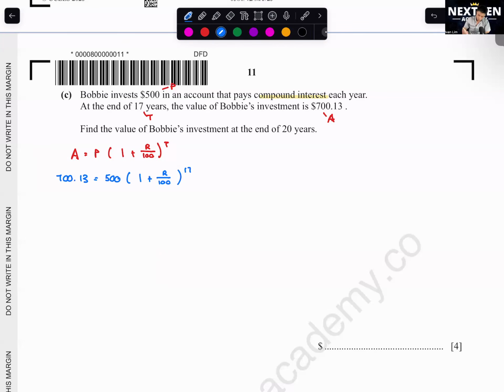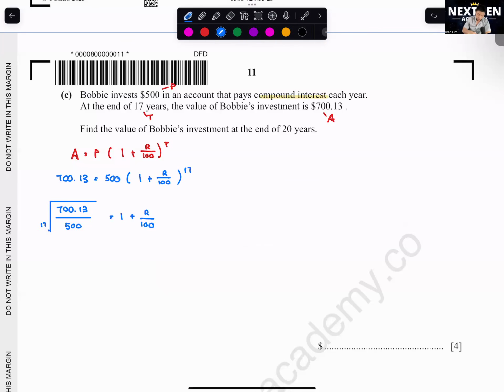Alright, so we rearrange it. This one will be 700.13 over 500. You can do a 17th root. Be careful when you type in a 17th root. It's not 17 then square root, it is the 17th root. Which equals 1 plus r over 100.